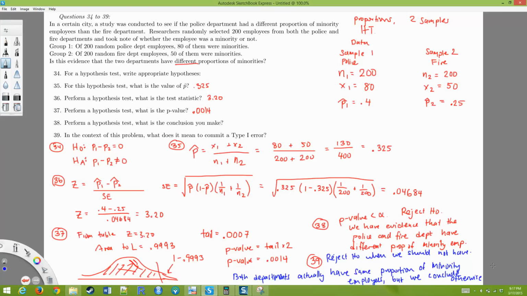It means the null hypothesis is true, but we believe something else. Questions, issues? Keep going.